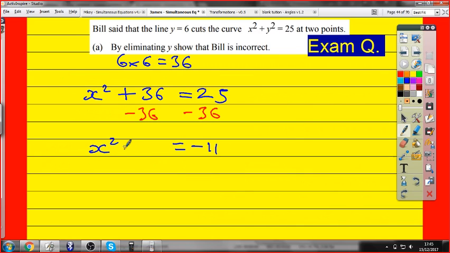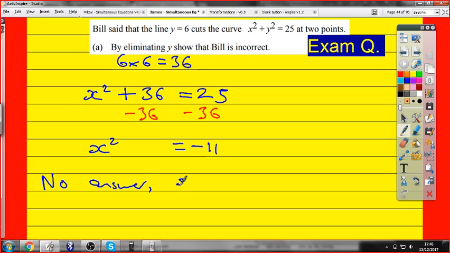Well, if you think about it, if x is a positive number, a positive times a positive will give you a positive answer. Or a negative times itself will give you a positive answer as well, like with the plus 9. So why can't we get an answer for minus 11? Because it's got to be positive. Yeah. Because, no answer.